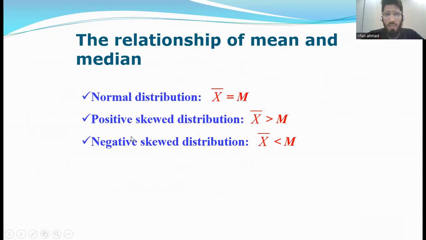And for a negative skew distribution, the mean is less than the median. These are the points that you have to keep in mind, because this will be helpful for your learning. It may come in any exam, and it's also good for remembering.